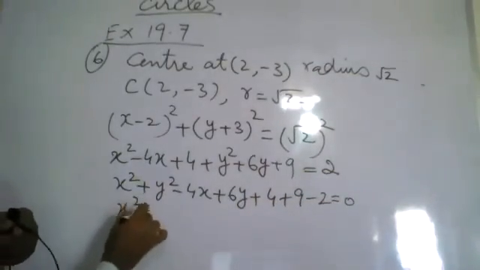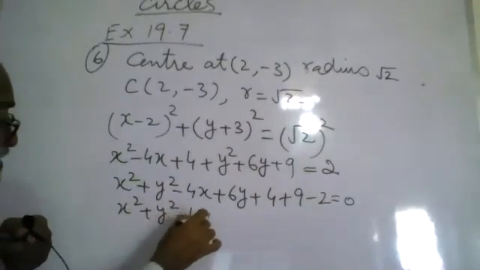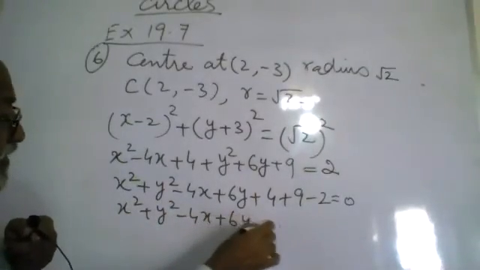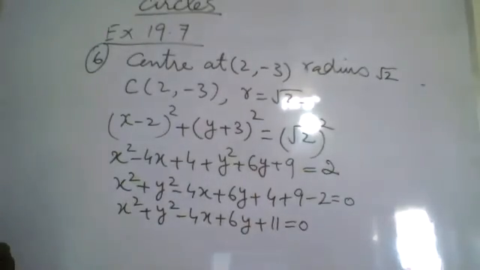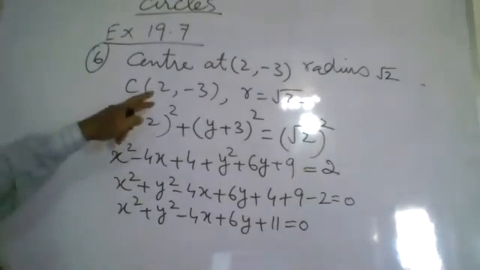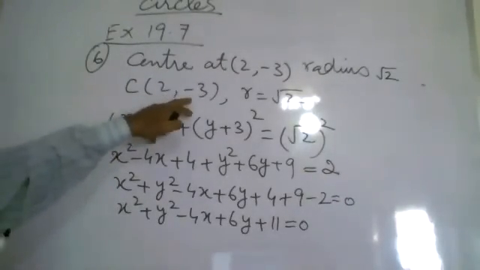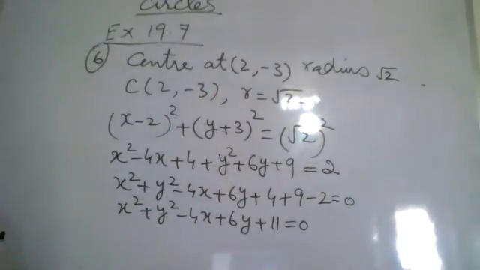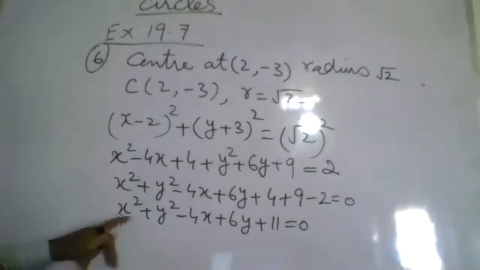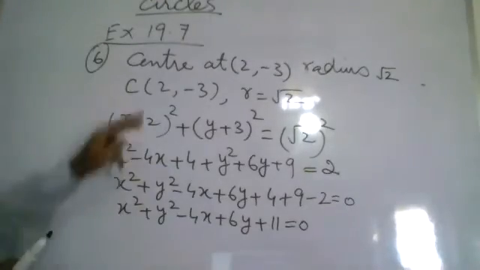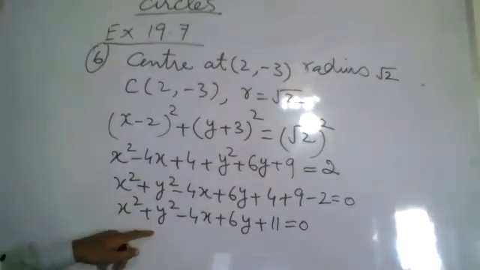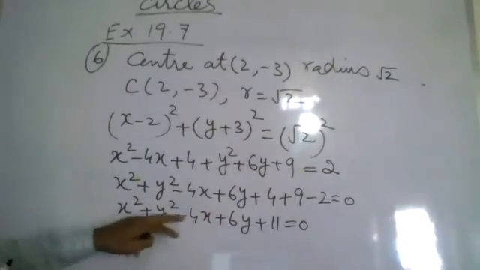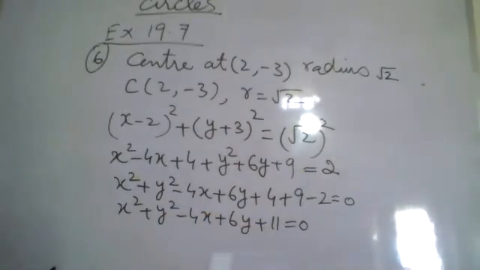So x square plus y square minus 4x plus 6y plus 11 equal to 0. This is the equation of the circle in standard form whose center is at 2 comma minus 3 and radius is under root 2. So in this way we will find the equation of the circle when the center and radius are given. So this is the standard form: x square plus y square plus 2gx plus 2fy plus c equal to 0.